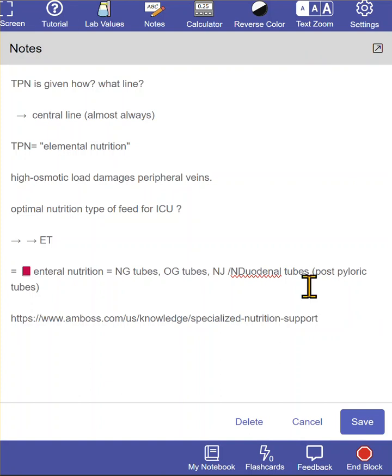So a post-pyloric tube affords you the benefit of not allowing obstructions above that to be a problem getting nutrition to the patient.